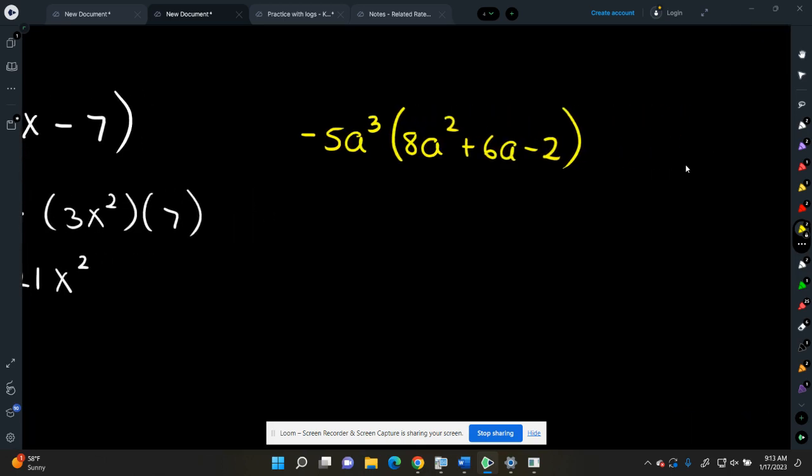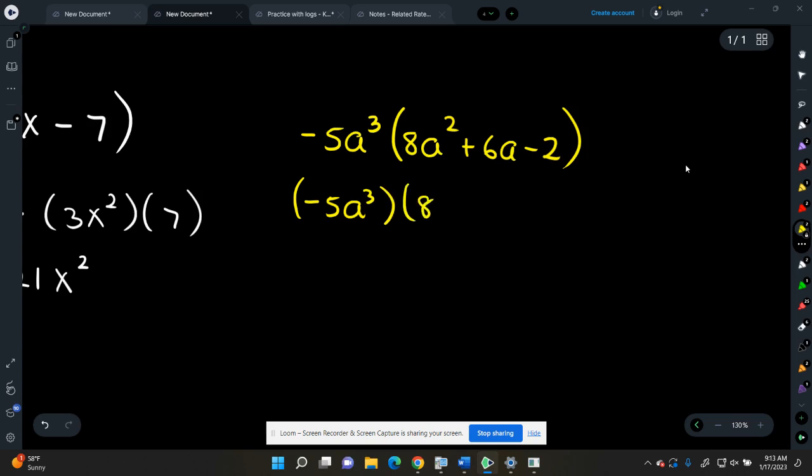Okay. So for now, I want you writing everything out. So this is going to be negative 5a to the third times 8a squared, right? We're distributing, so we have to take this negative 5a to the third and multiply it by everything. So the next one, we'll go over to the 6a.